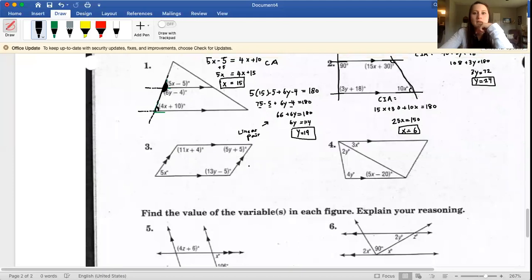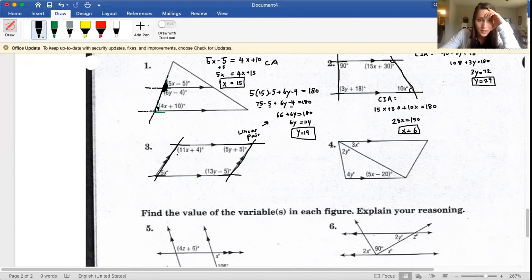Down here, take a look. I've got two pairs of parallel lines. So really I can look at these. Let's see. These would be consecutive interior, and these would be consecutive interior.